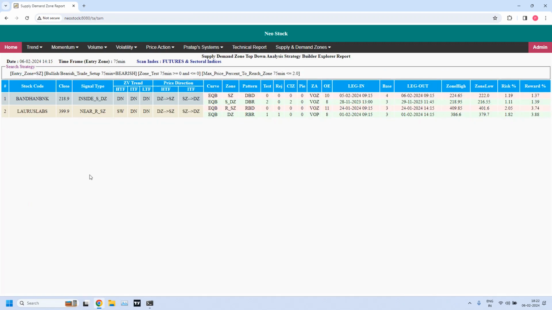Now Bandhan Bank is also there within 2% of the supply zone, because these are all bearish trade setups. Moreover, the Laurus Lab supply zone is a high liquidity supply zone and a fresh zone. The only thing you need to check is whether the structure of the zone is good or not. But here RR is not good. If you want to get a good RR, you need to fine tune Bandhan Bank.